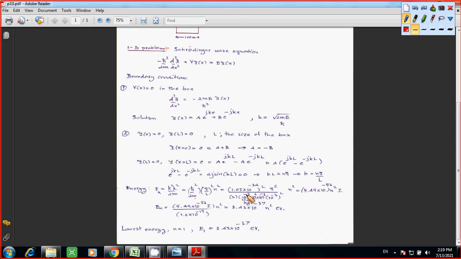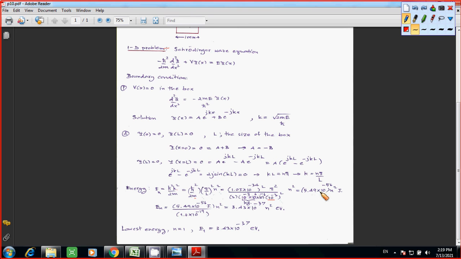Milli is 10 to the negative third, so that gives 10 to the negative 6 kilogram. And your L is 1 millimeter, so that's 10 to the negative 3rd meter.